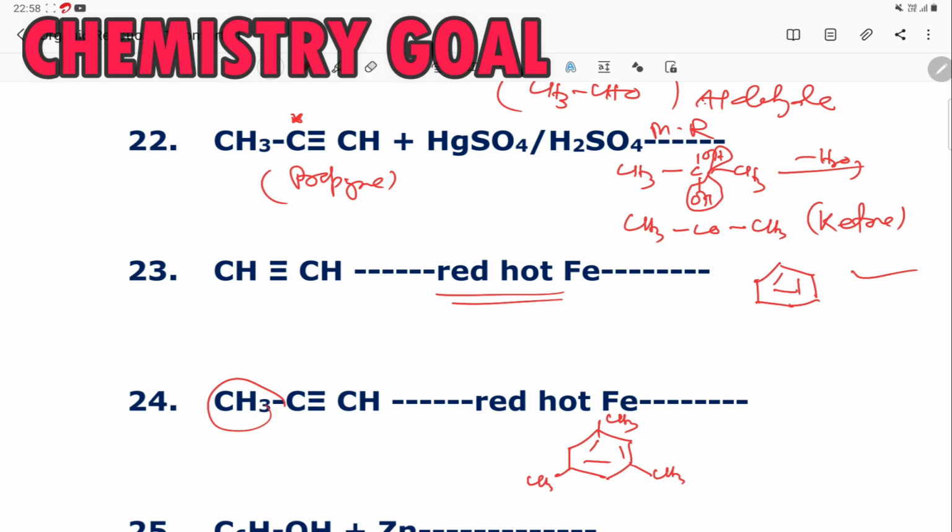This is 1, 2, 3, 4, 5, 6, that is 1, 3, 5-trimethylbenzene.